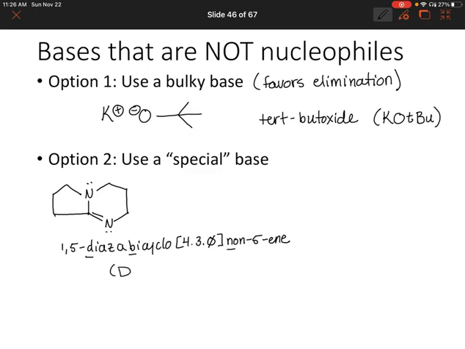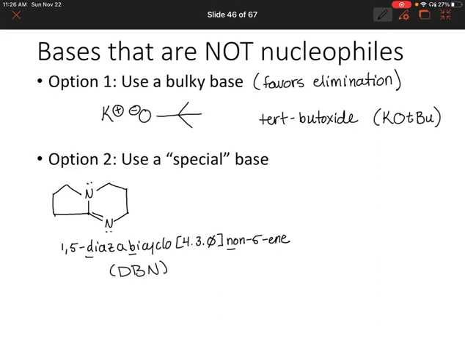So we just capitalize DBN. If you want to use this base in a reaction, you don't have to draw the structure or memorize the full name. You could just write DBN and chemists will know what you mean. So you can just use that abbreviated form.